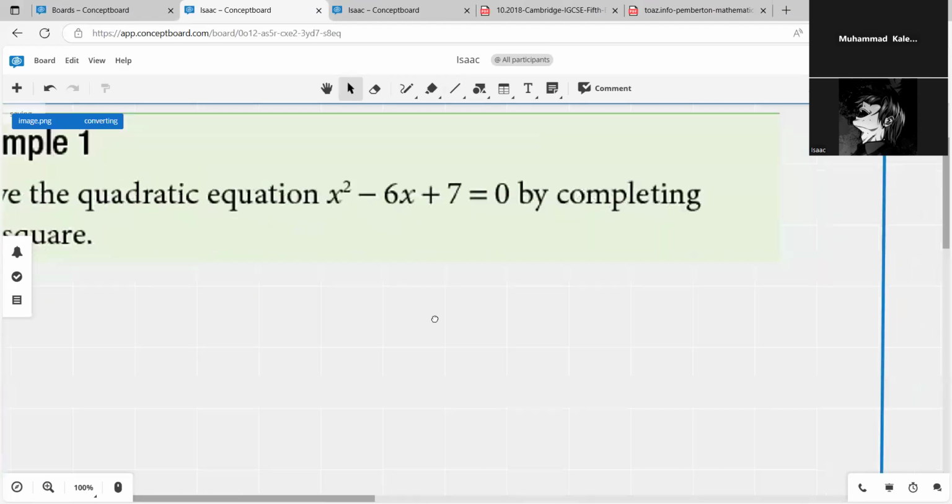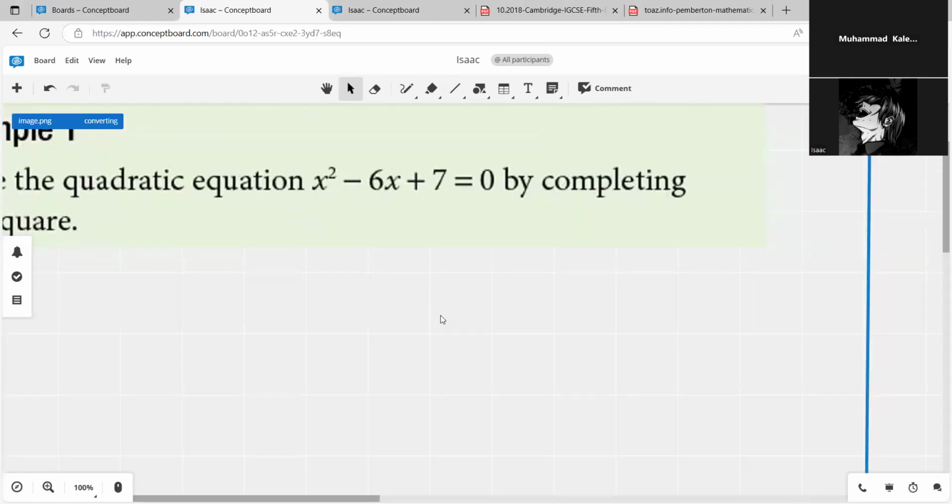Okay, this is a question. We can solve this question by using the factorization method or by using the quadratic formula. If they did not mention the method that you have to implement in the question, I will prefer and also suggest you to use the quadratic formula, because each quadratic equation will be solvable by using the quadratic formula.